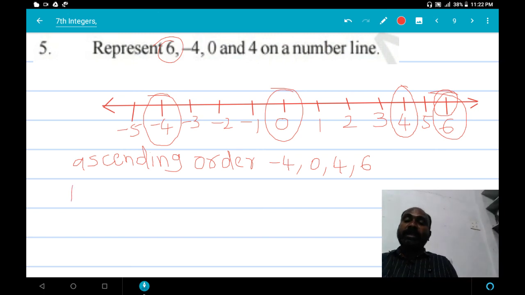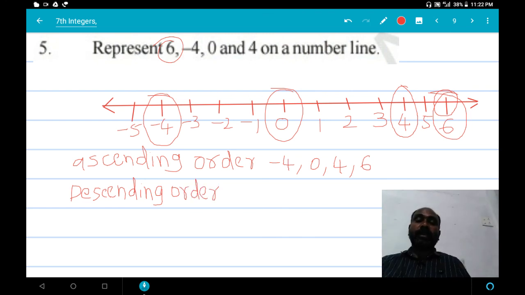Next, descending order: here we go from right side to left side on the number line.